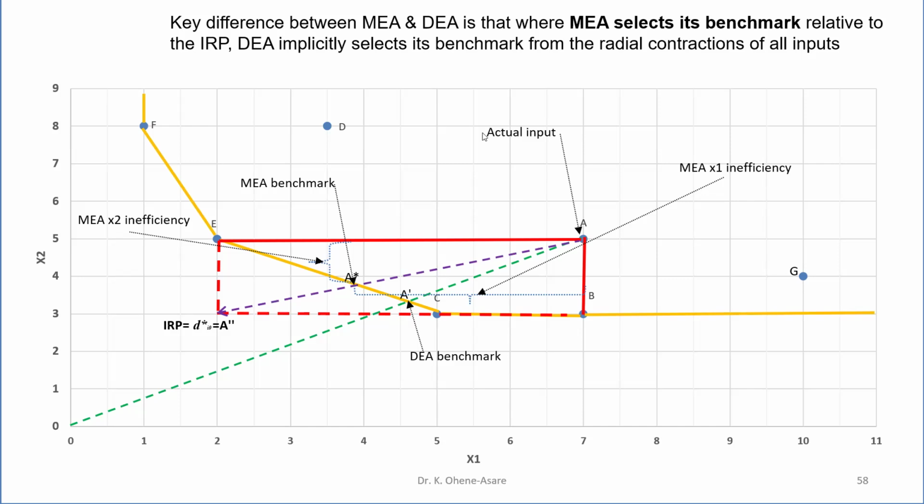Take note that the key difference between the MEA and the DEA is that the MEA is selecting the benchmark A star relative to the IRP, whereas the DEA is selecting the benchmark relative to the origin. Take note.